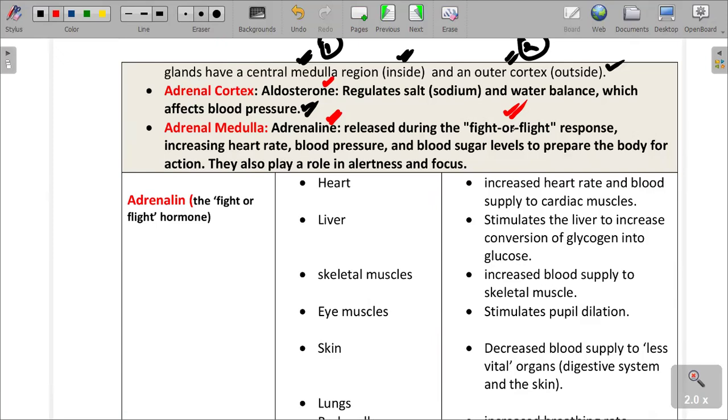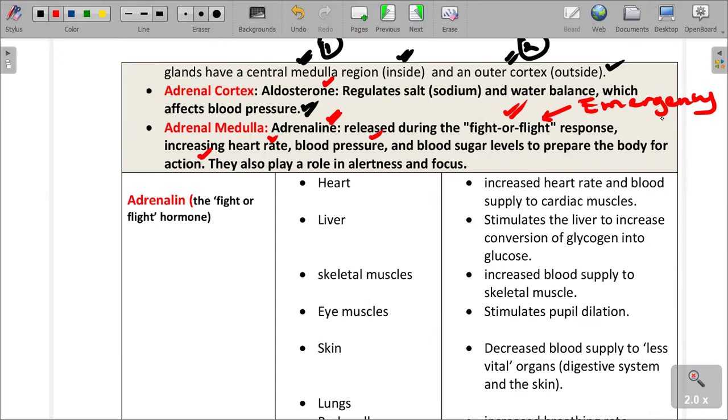What happens is that it increases heart rate, it increases blood pressure, and it increases blood sugar levels to prepare the body for what? For action. As we see, we are saying the fight and flight response. This can be defined as the what? As emergency responses.